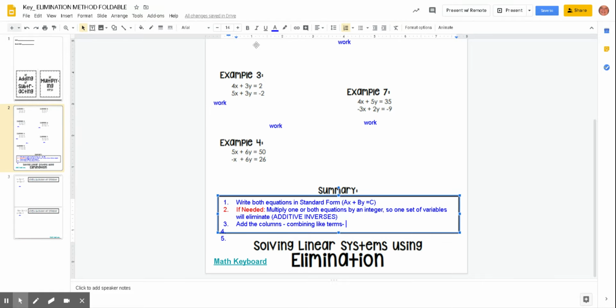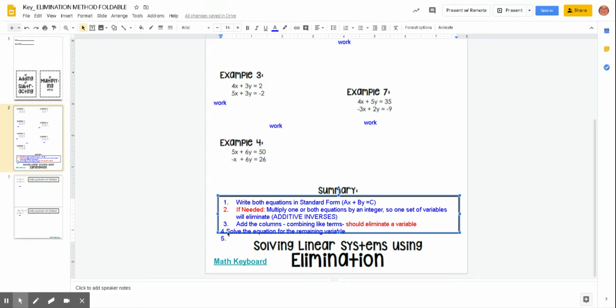And this should eliminate a variable, right? That's the whole purpose of step 2. Okay, it should eliminate a variable, so that we can solve the equation for the remaining variable.